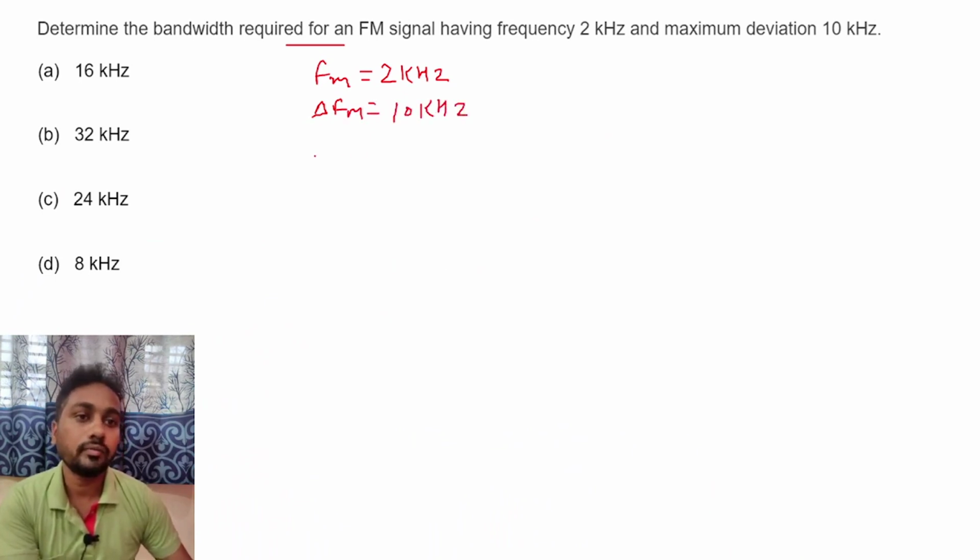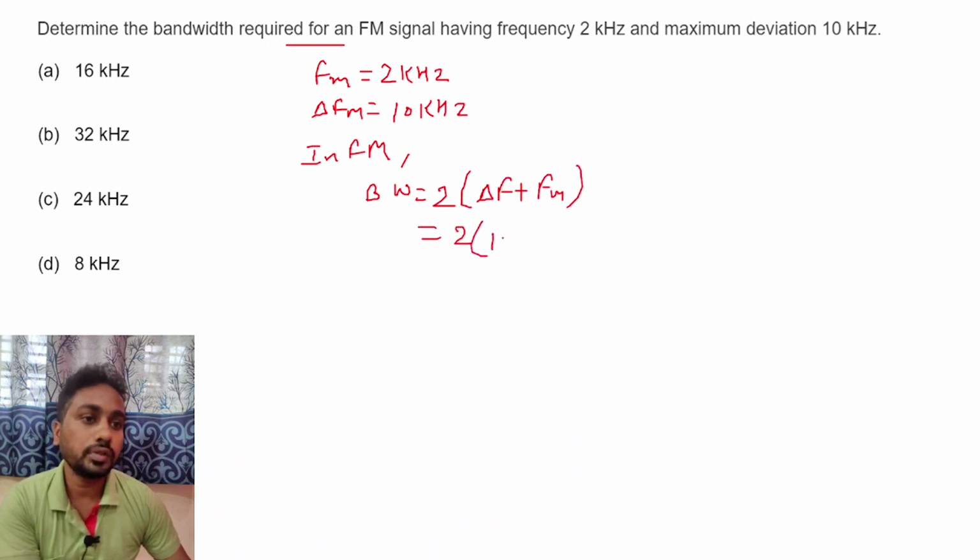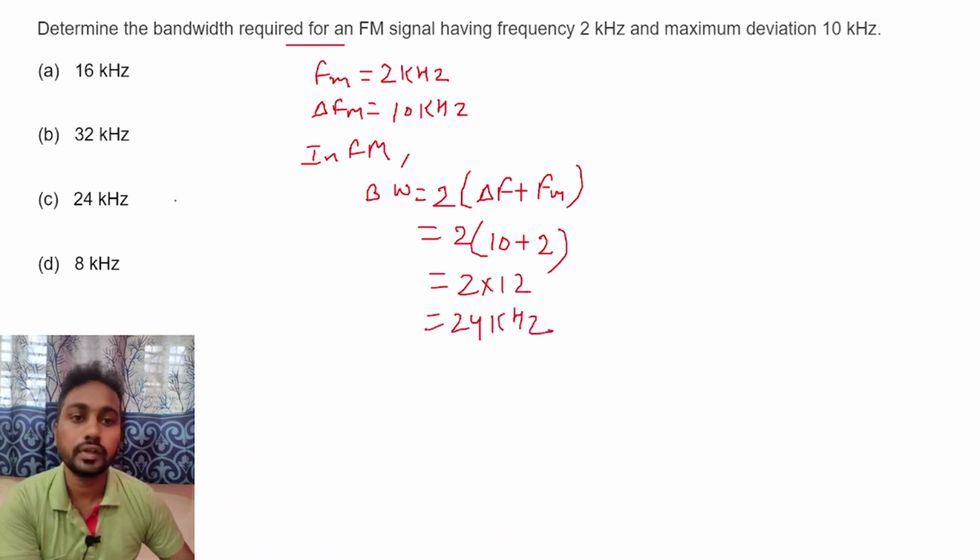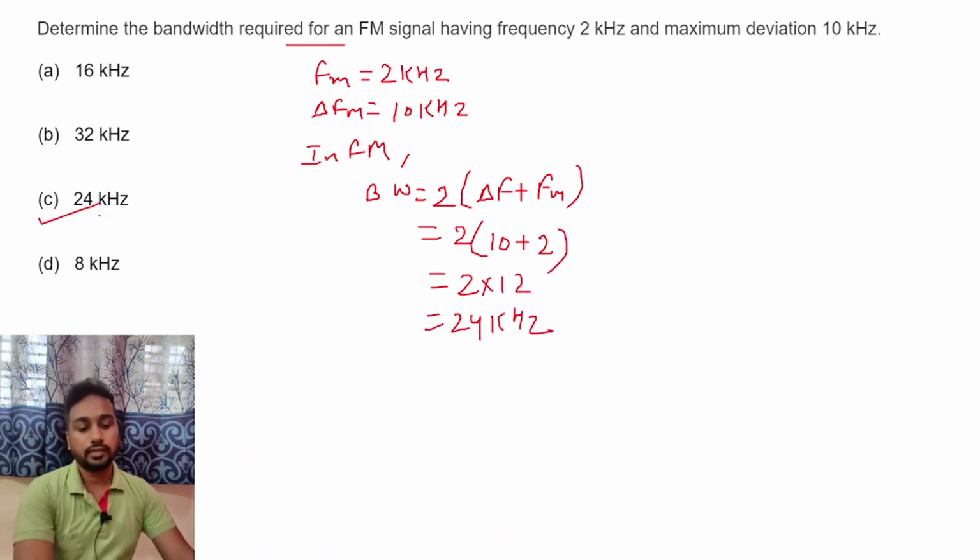In FM, bandwidth equals twice of del f plus fm. So del f is 10 plus 2, so 2 into 12, that is equal to 24 kilohertz. Option C is the right answer.